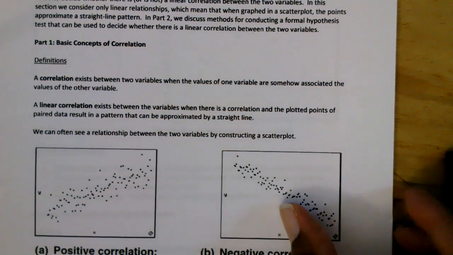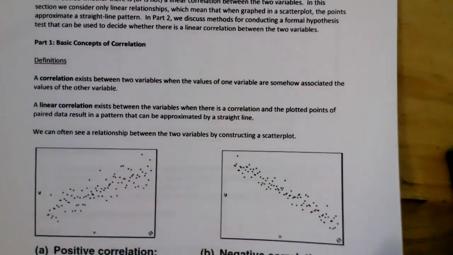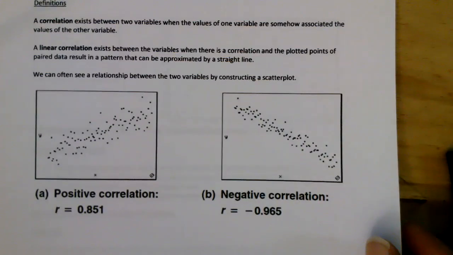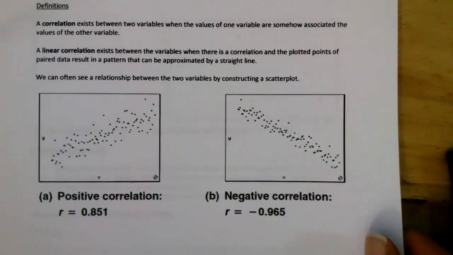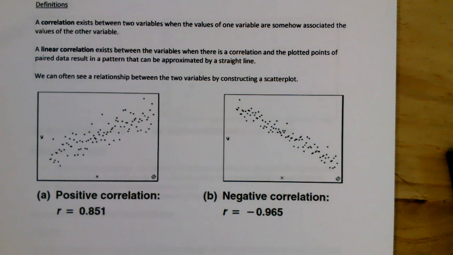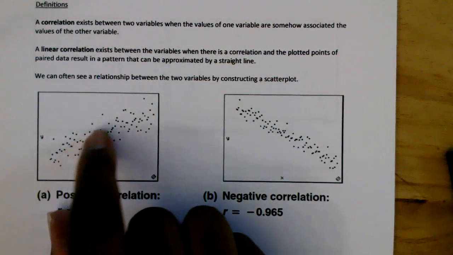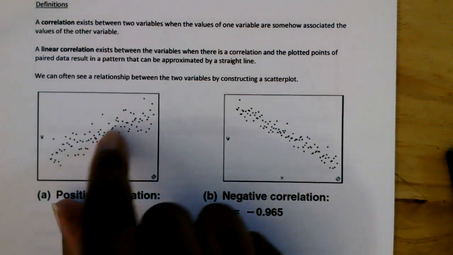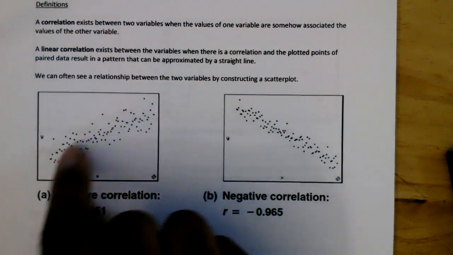Okay, so here's a couple of illustrations that I have here dealing with correlation. The one on the left is a positive correlation. As you can see, these points are rising from left to right.